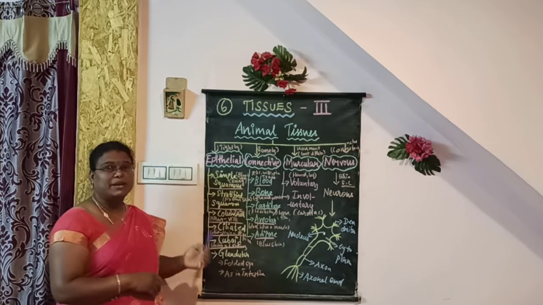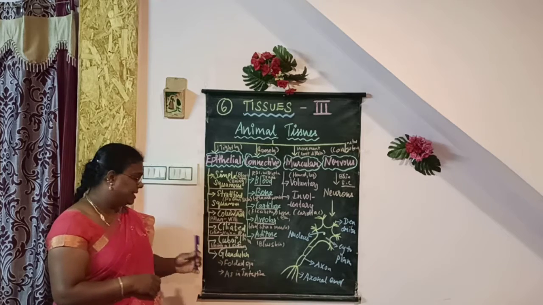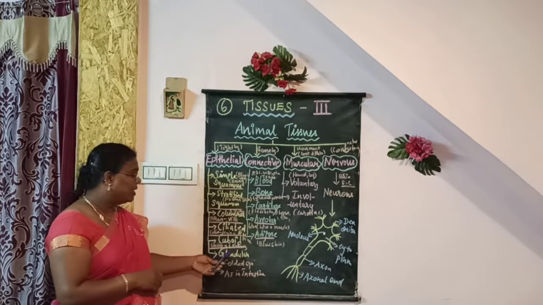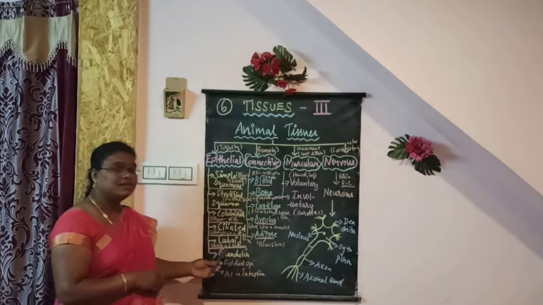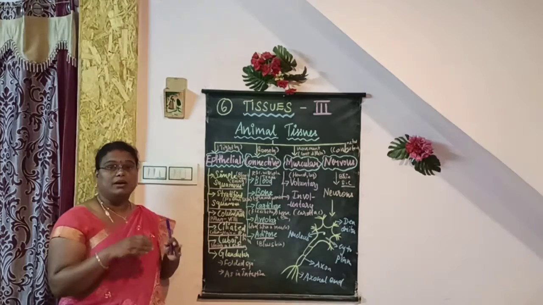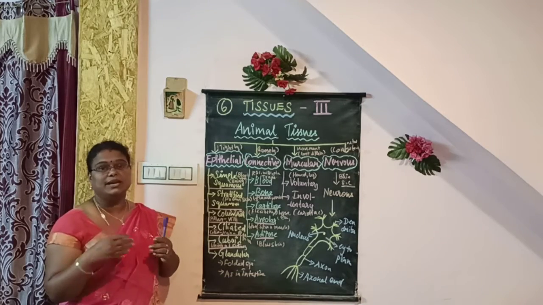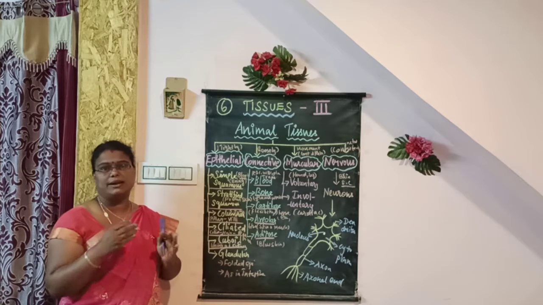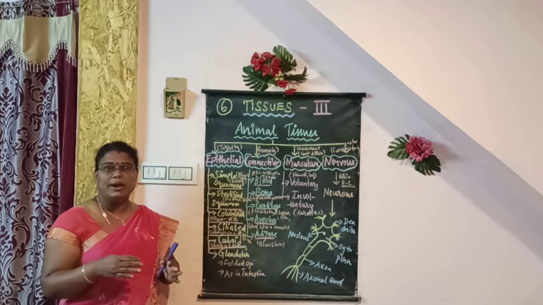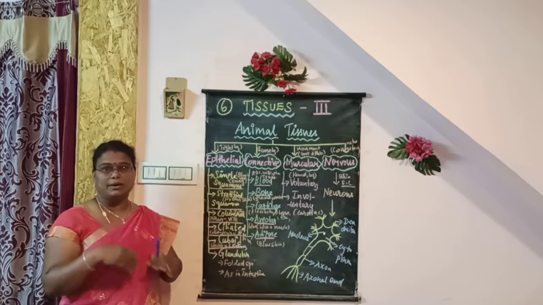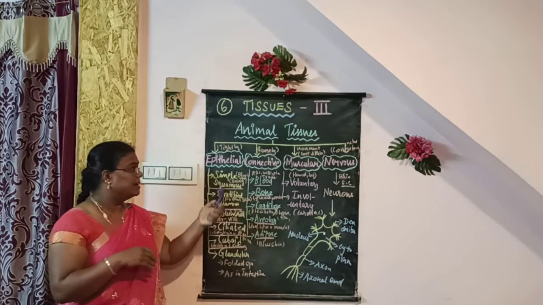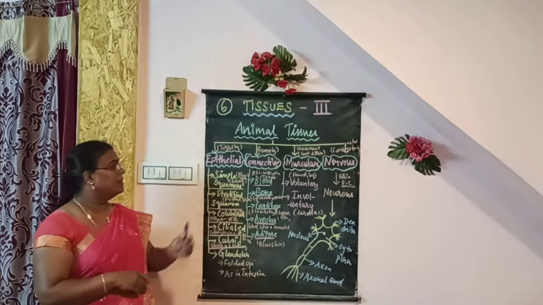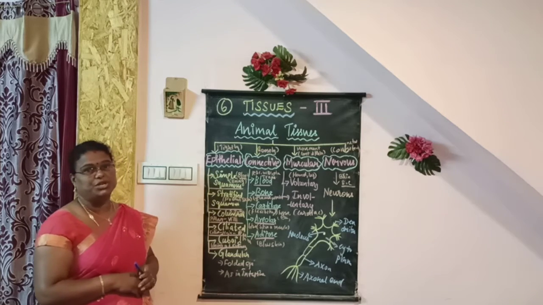This is present in the lining of the kidney. And the last one is glandular epithelial tissue. This is a folding epithelium, mostly present in the intestine. Small intestine and large intestine are folded ones. These folded intestines contain glandular epithelium, and this is about epithelial tissues.